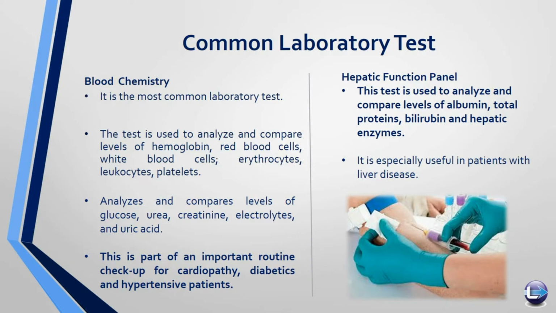This is part of an important routine checkup for cardiopathy, diabetic, and hypertensive patients. Hepatic function panel. This test is used to analyze and compare levels of albumin, total proteins, bilirubin, and hepatic enzymes. It is especially helpful in patients with liver disease.